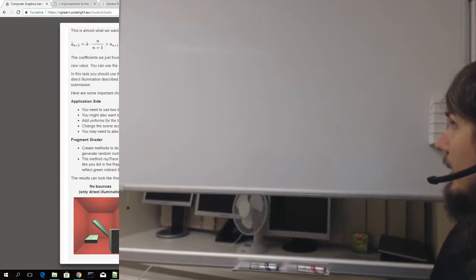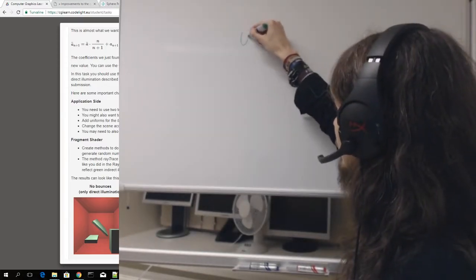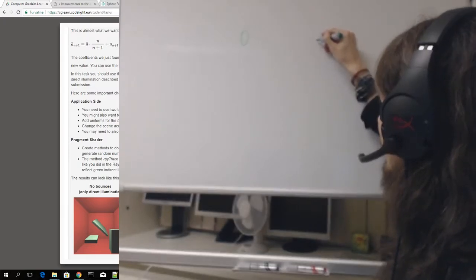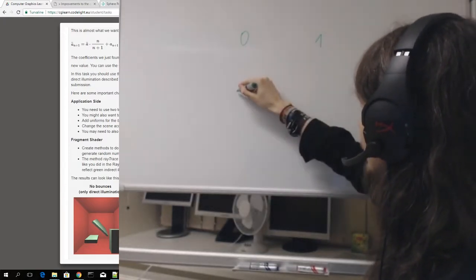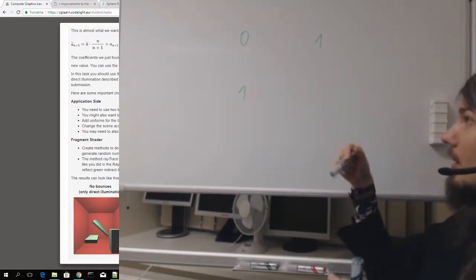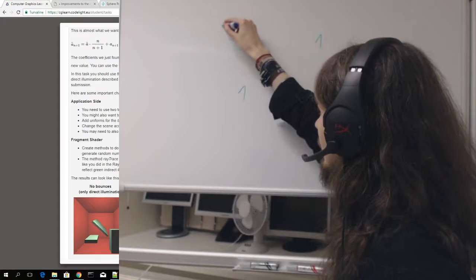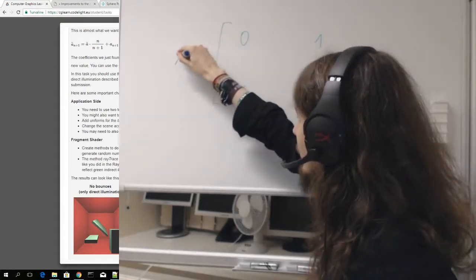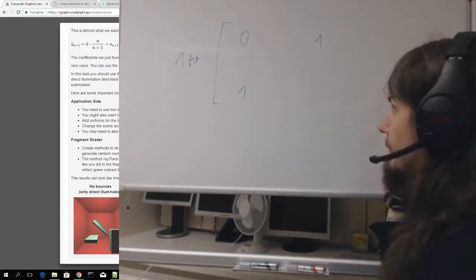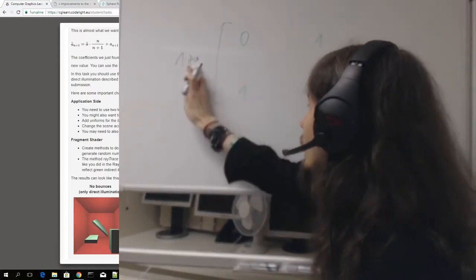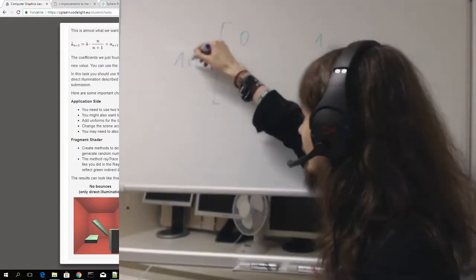So let's say you have texture 0 and texture 1, and this is all done in one frame, or one iteration of the draw loop.